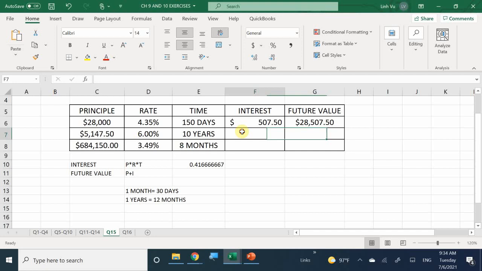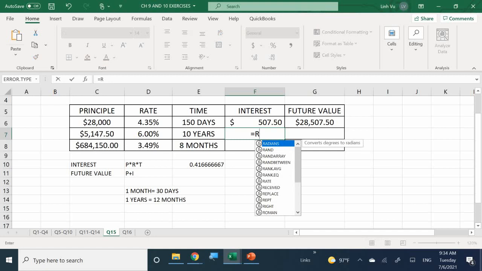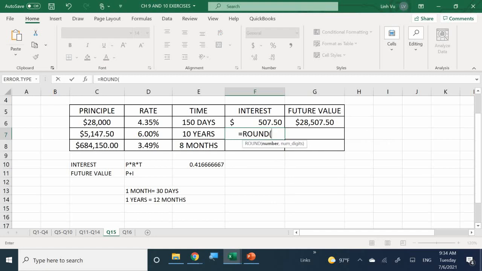All right. Let's do the second one now. The second one is in terms of years, 10 years, 6%, and this time it's $5,147.50. So in this case, my formula is going to be my principal of $5,147.50, multiplied by my rate of 0.06, multiplied by 10 years.